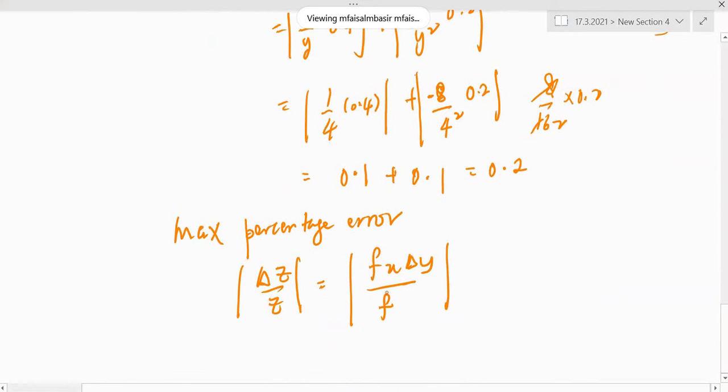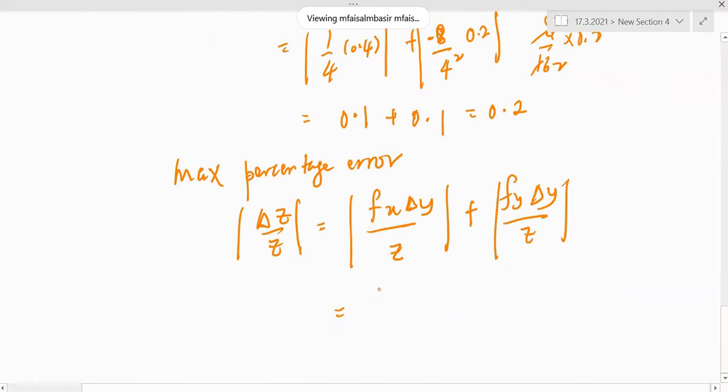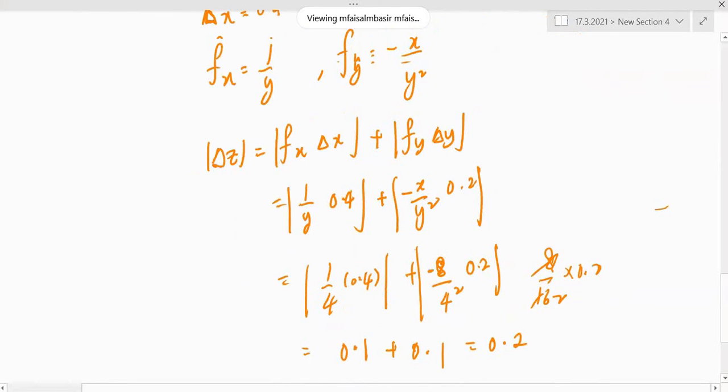Okay, I can put z here. Same. Plus fy delta y over z. Okay, so now fx is 1 over y.